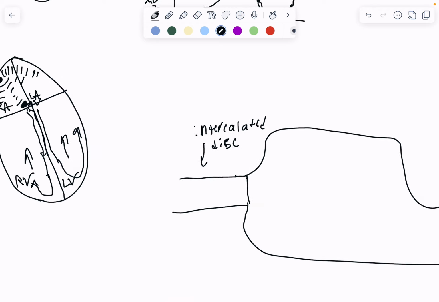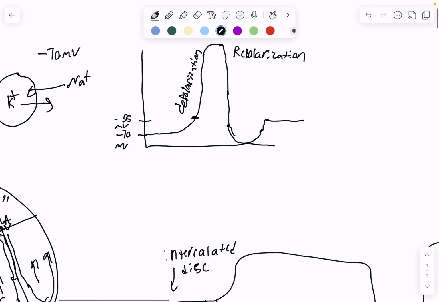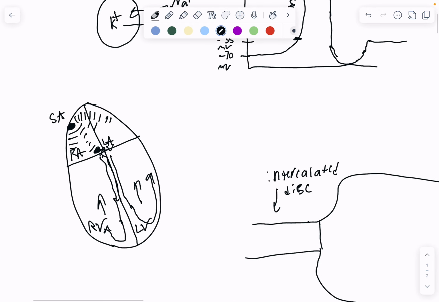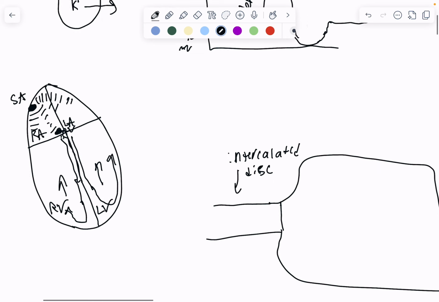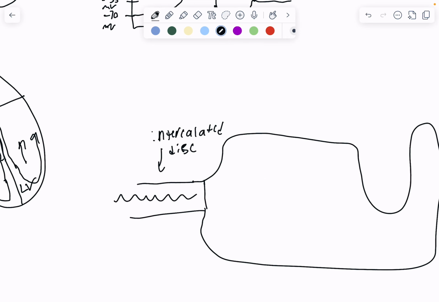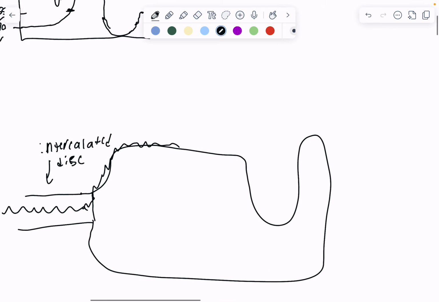And this is what I was talking about before. It helps pass that signal cell to cell. The electricity flows through the intercalated disc to the next cell, where it can flow along the sarcolemma, and it will cause the sodium influx of the cell to cause that depolarization.